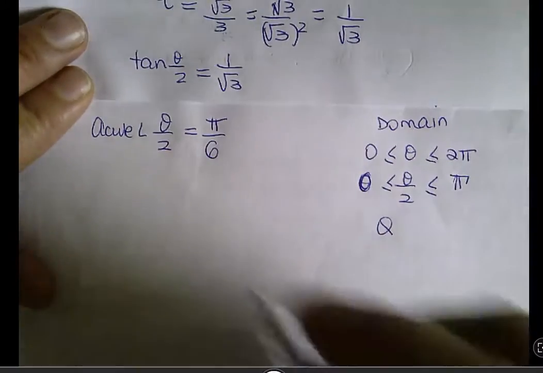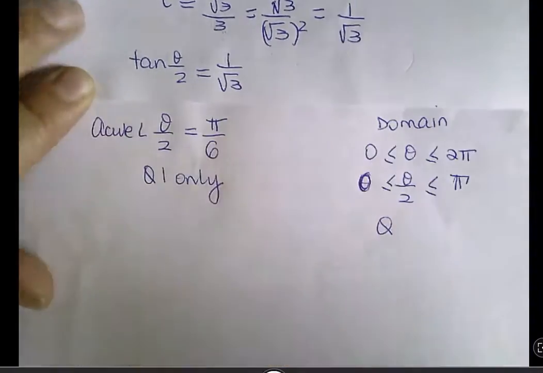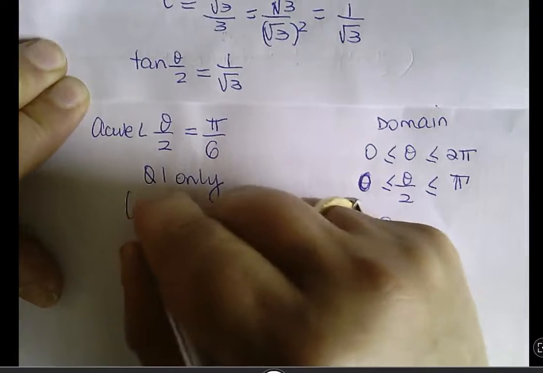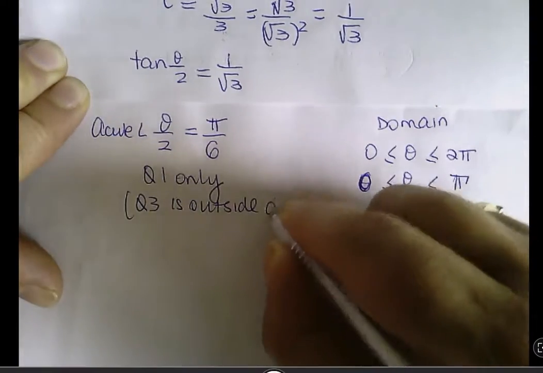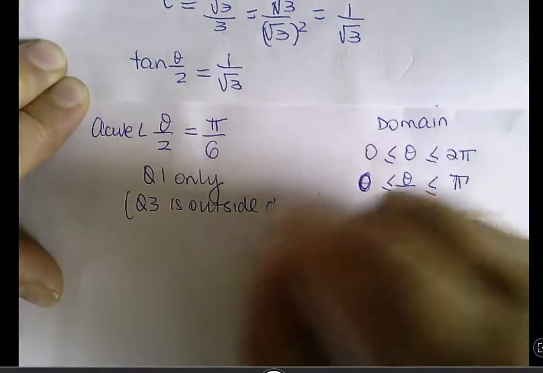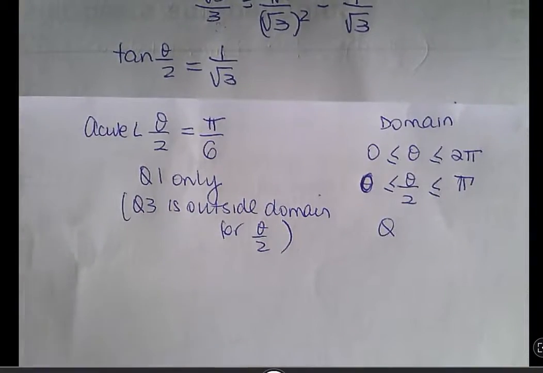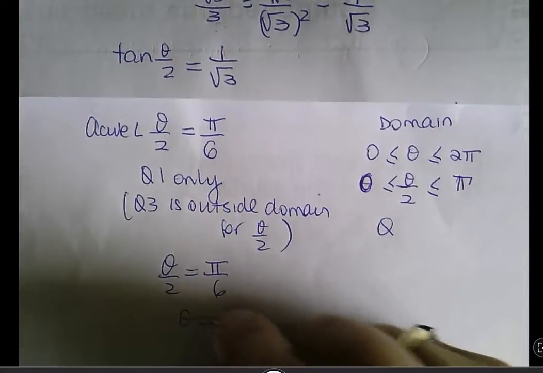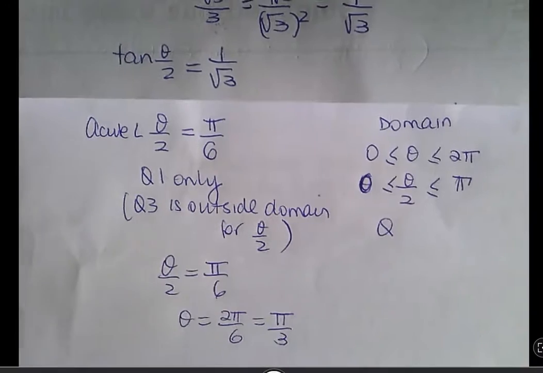Yes, so it's quadrant 1 only because quadrant 3 is excluded, it's outside the domain for theta on 2. So therefore theta on 2 is pi on 6, therefore theta is 2 pi on 6, which is pi on 3, which was the solution that we got before.